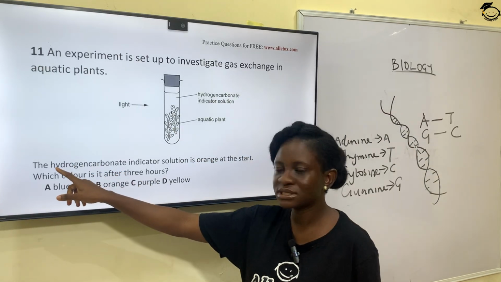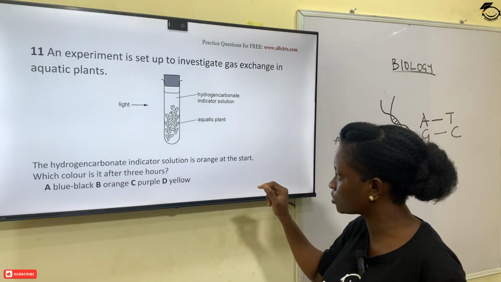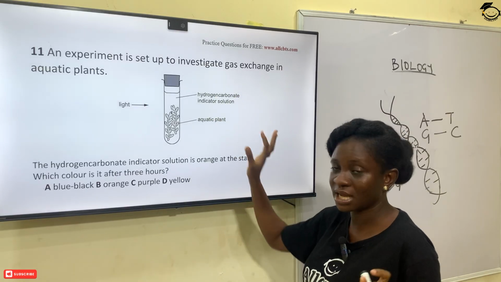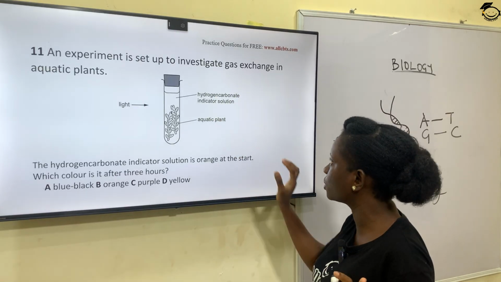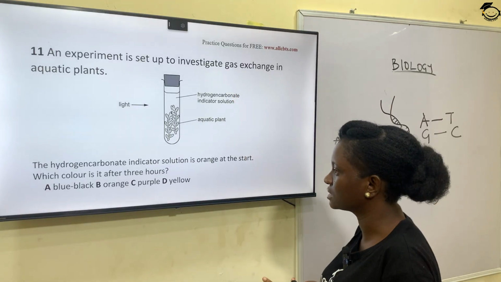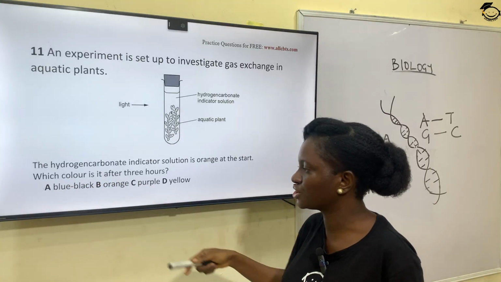The question says the hydrogen carbonate indicator solution is orange at the start. I told you it detects color, so it shows orange at the start of the experiment. After 3 hours, which color will it change to?